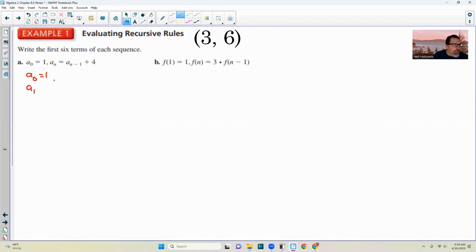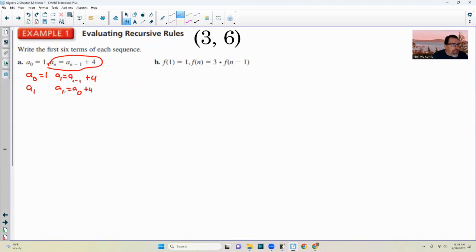Well, a sub 1, that'd be here. So I'm just focusing on this right now. Let me move it over a little bit more. A sub 1 would be a sub 1 equals a sub 1 minus 1 plus 4. Well, 1 minus 1 is a sub 0 plus 4.